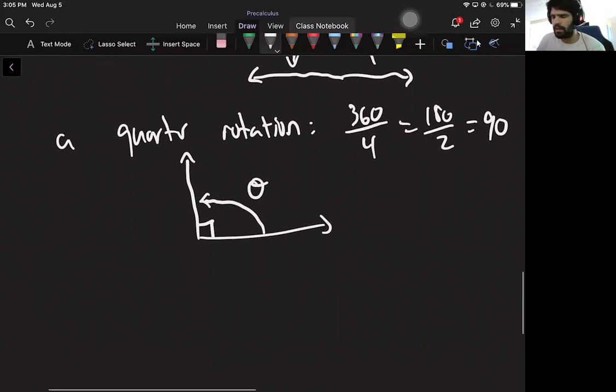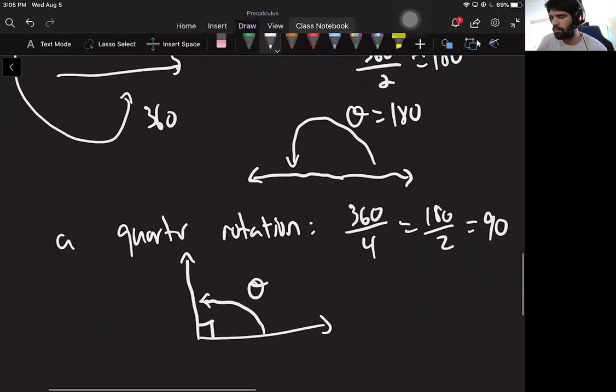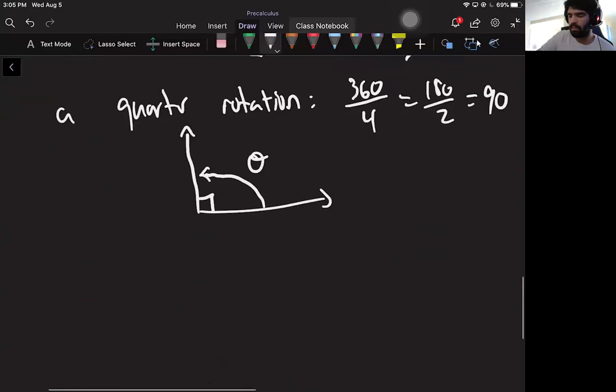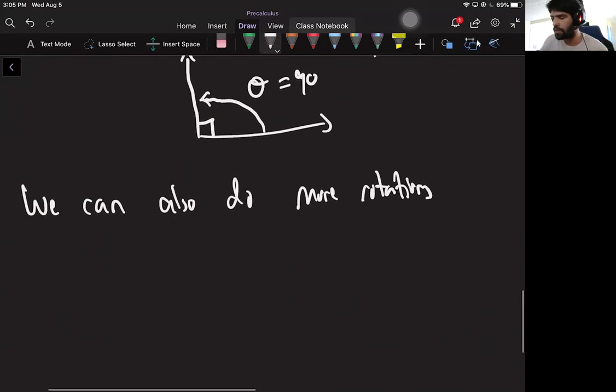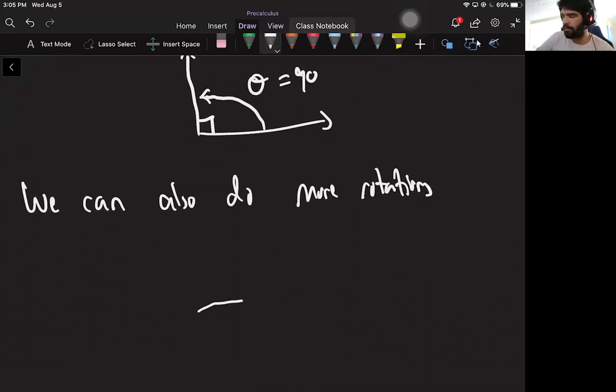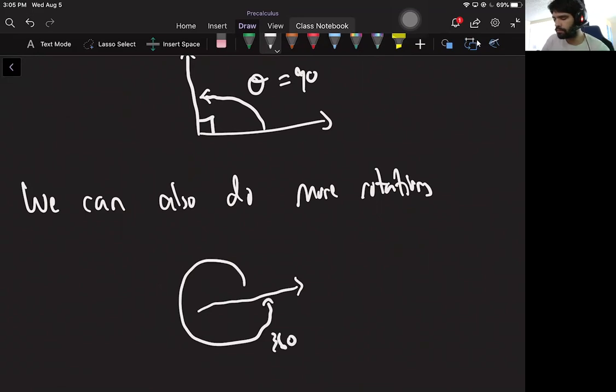And then we can also do more than one rotation. Sorry, I didn't write, this should be 90 there. Okay, so we can also do more rotations, meaning if I start with the line here, if I go all the way around, that's 360 degrees, but I could go around more.